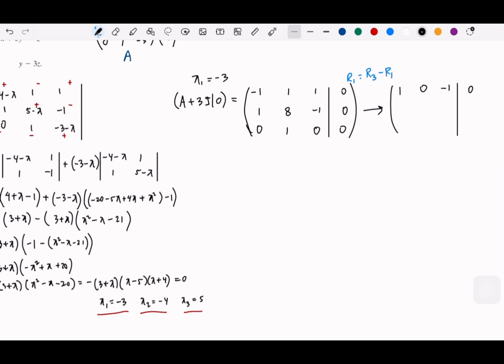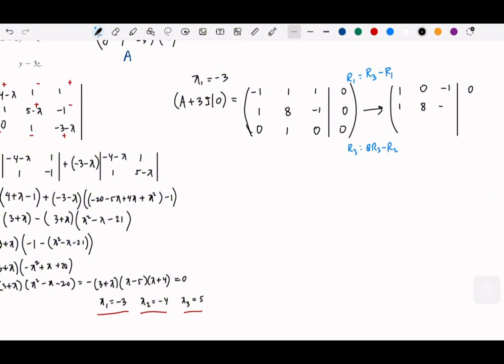And perhaps we can try R3 multiplied by 8 and then minus R2.